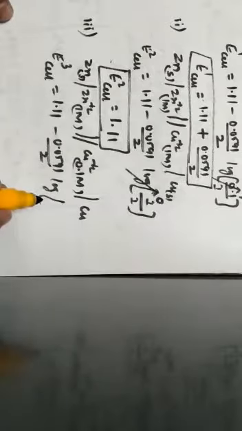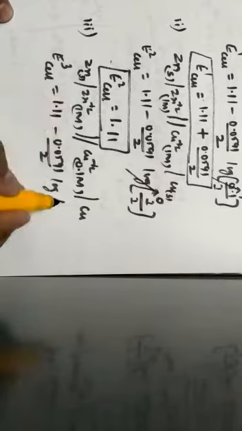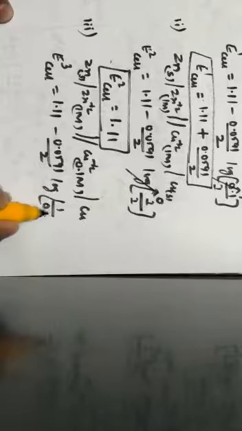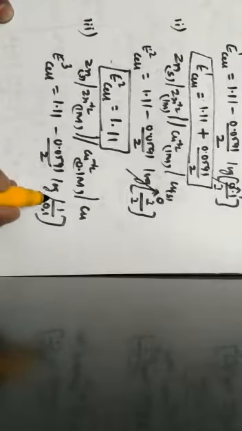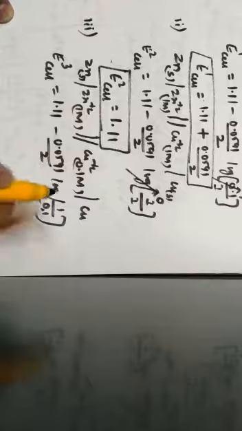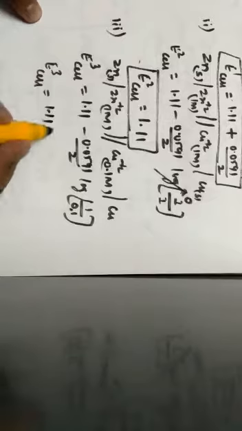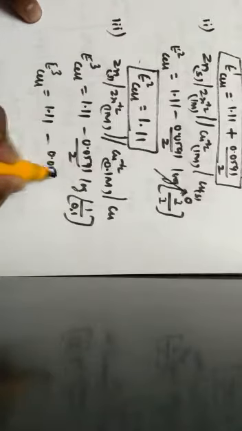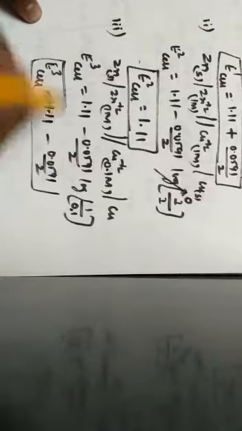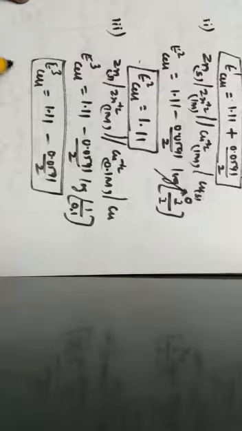We know that zinc is undergoing oxidation, and the concentration of zinc is 1, and the concentration of copper is 0.1 molar. So 0.1 molar means 1 by 10. This becomes log 10, so the log 10 value is 1 again. So E3 cell is 1.1 minus 0.0591 by 2.